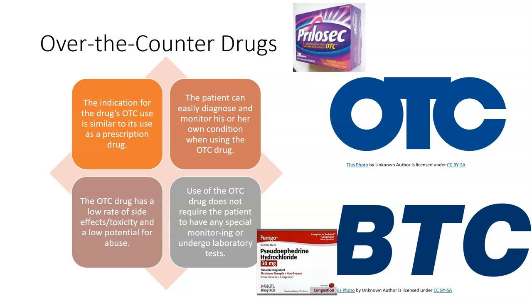So drugs that contain pseudoephedrine or ephedrine are sold from behind the counter. You have to show an ID. You can only purchase a certain amount within a certain time period. There's some restrictions on that, so it's considered a restricted drug, but you do not require a prescription. So in that regard, it is still considered to be over the counter.